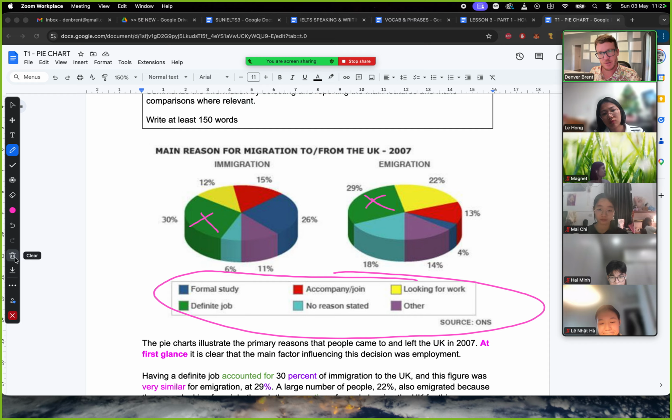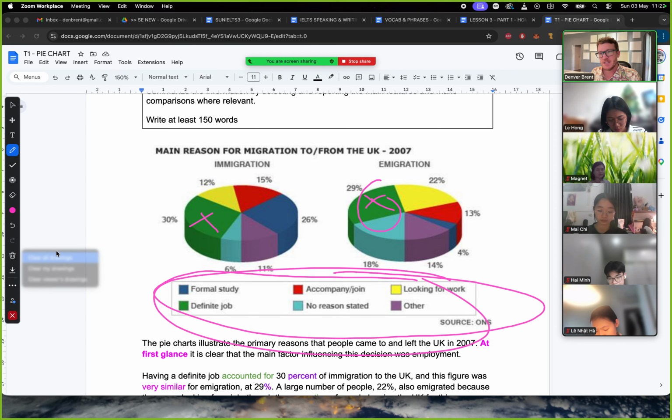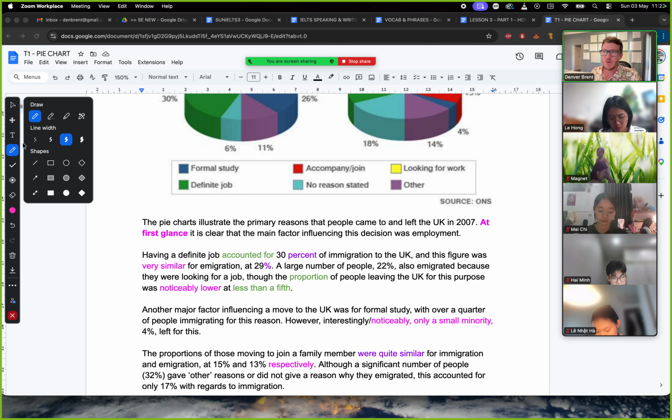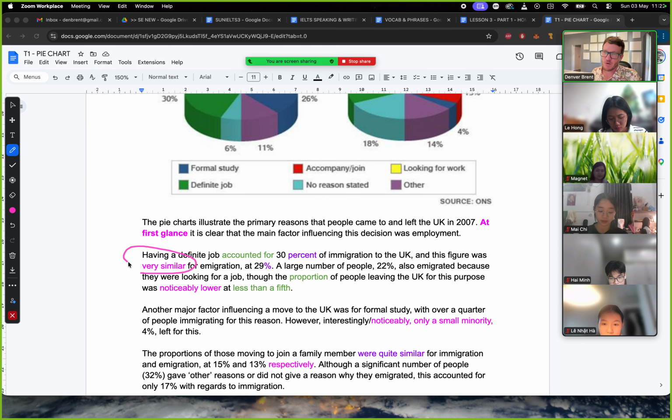This is where you'll get your scores from, because when you group this and you do that, what happens is your vocabulary starts to come alive. You start using the right vocabulary. Very similar. It's lower. You start to use respectively. Okay, small minority. You got it? So all the points on your score will go up then.